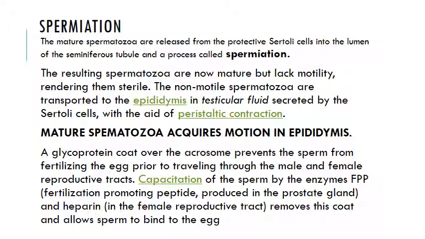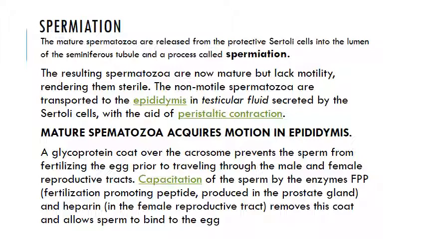After completion and maturation of spermatozoa, these spermatozoa are secreted into the lumen of the seminiferous tubules. The release of mature spermatozoa into the lumen of the seminiferous tubules by the Sertoli cells is called spermiation.